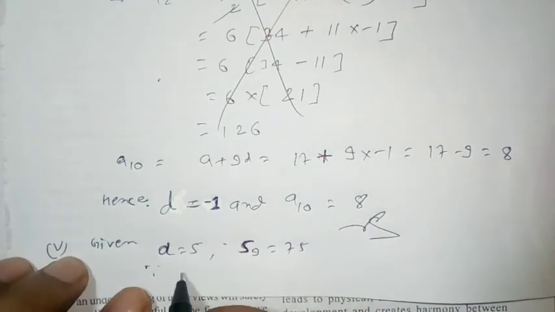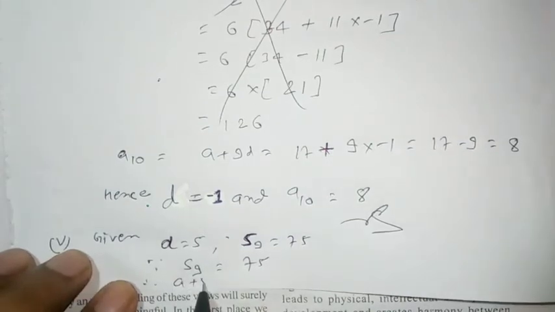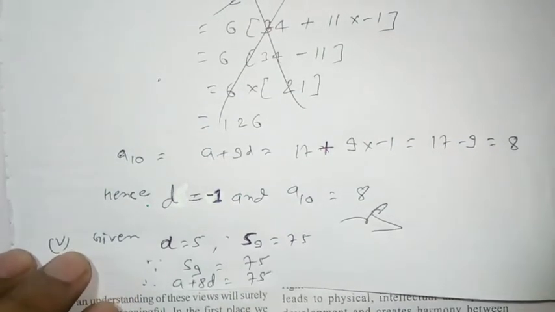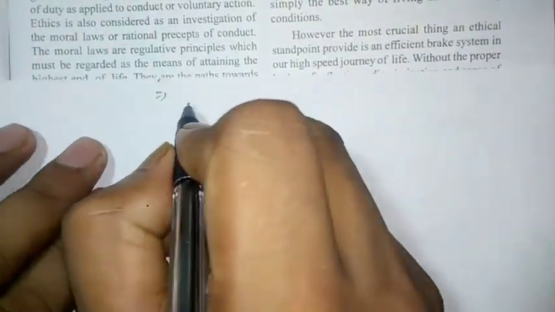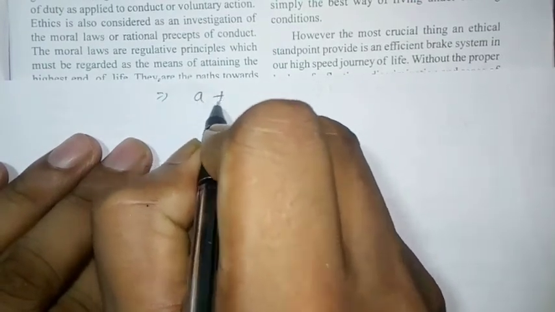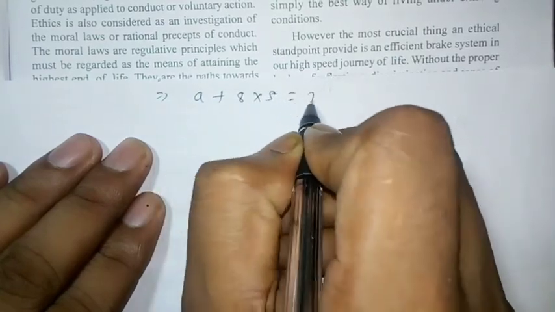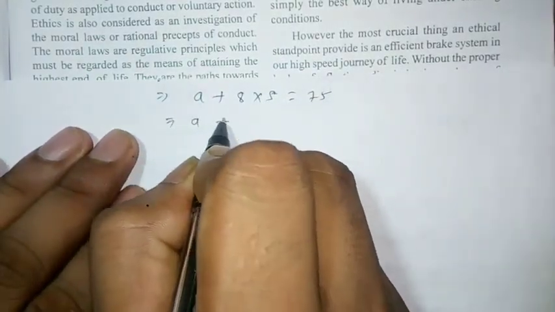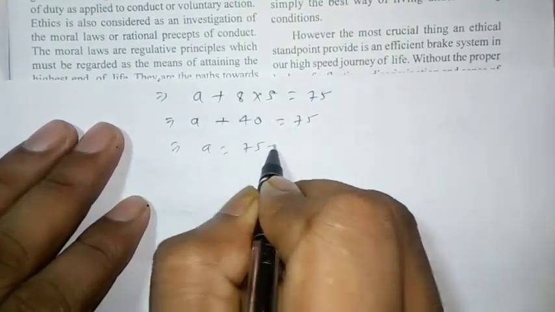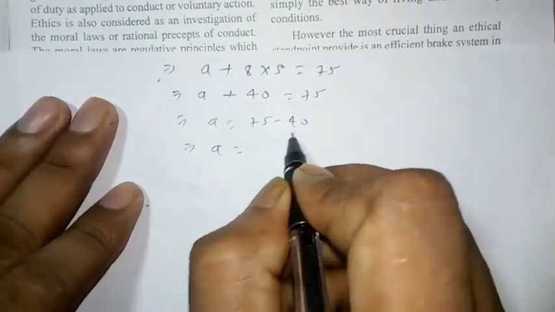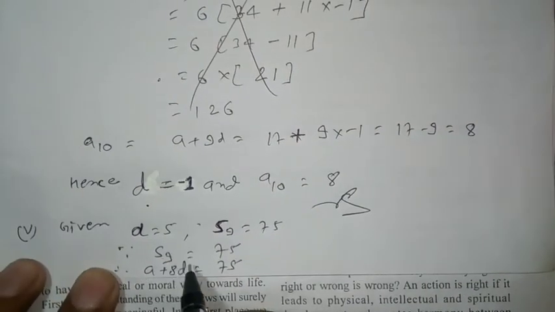Now because S9 is equal to 75, therefore a plus 8d is equal to 75, which implies a plus 8 into 5 is equal to 75, implies a plus 40 is equal to 75. 8 fives are 40. Implies a is equal to 75 minus 40, implies a is equal to 35. Sorry, we have written the wrong formula.